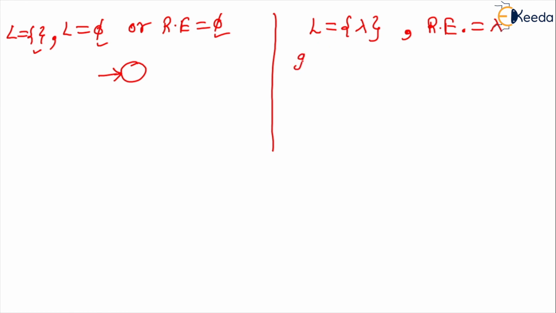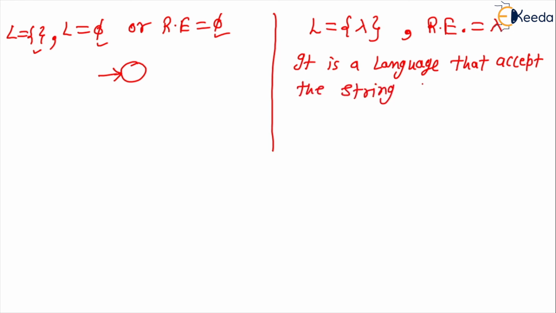It is a language that accepts the string of length 0. Got it? A zero length string is null, but phi is called the empty set. There is a difference between these two. You should remember that. Got it?